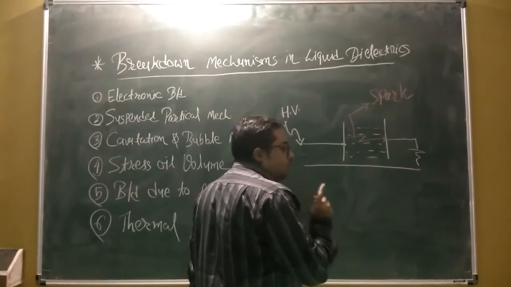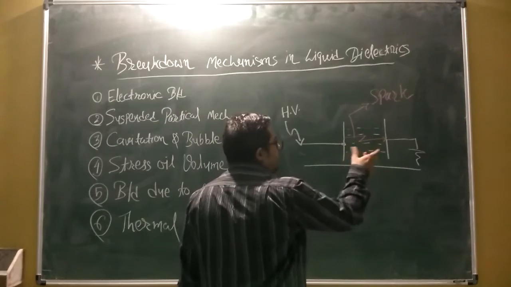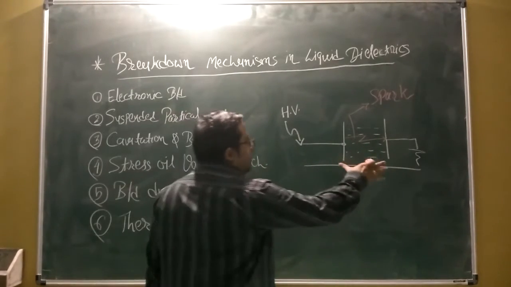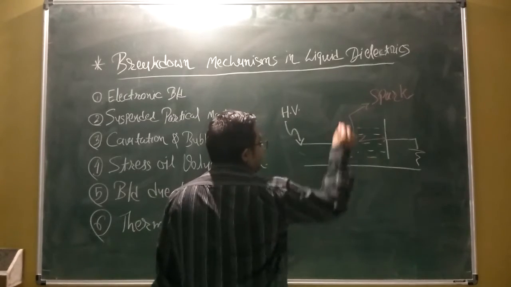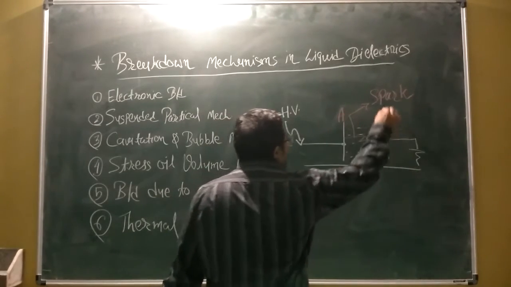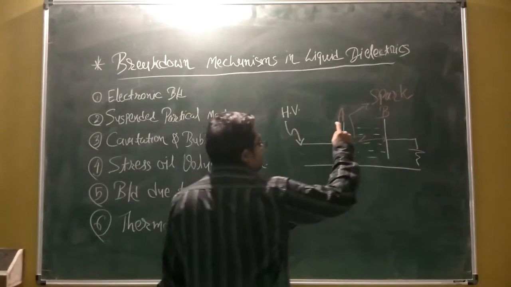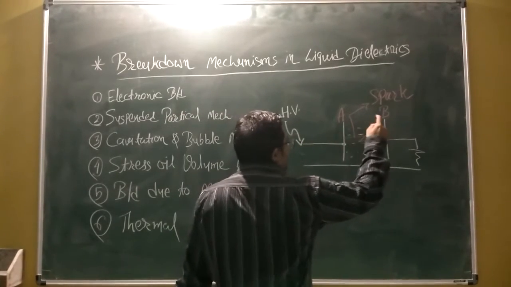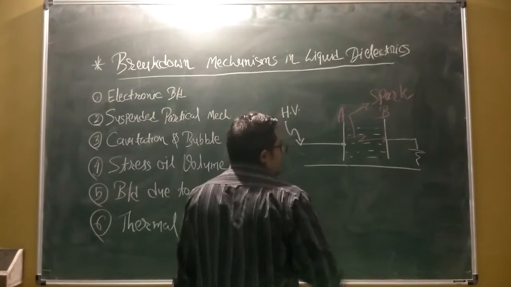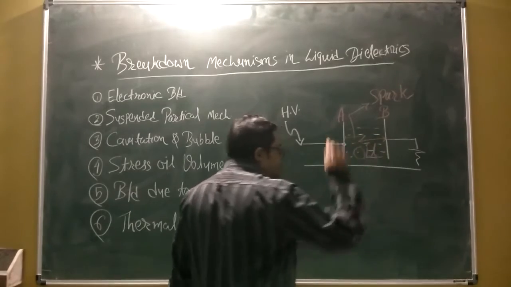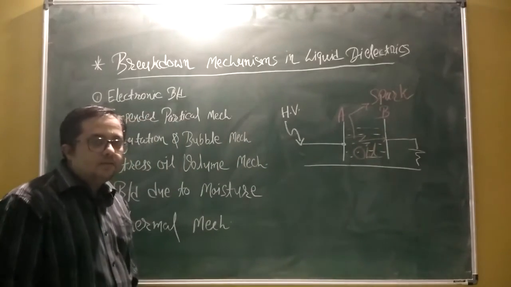You know that the spark always makes a short circuit between the two electrodes, where the potential across the two electrodes, let us say this is electrode A and this is electrode B. When the potential across A and B becomes more than the withstanding capacity of the dielectric, the spark is created.